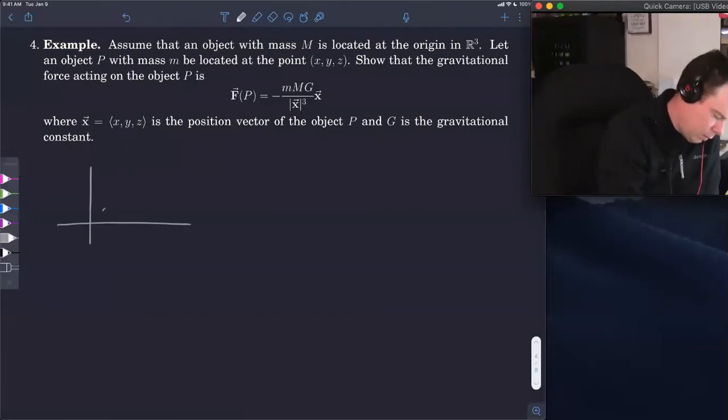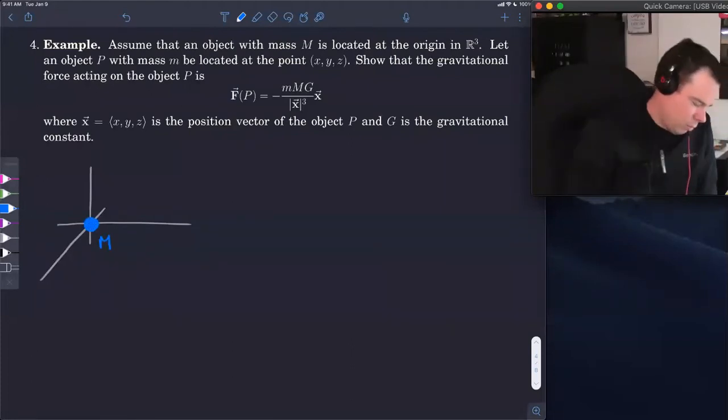So what we have is a big mass, capital M, at the origin.